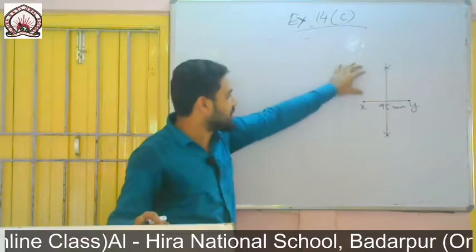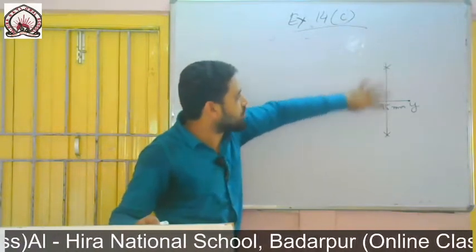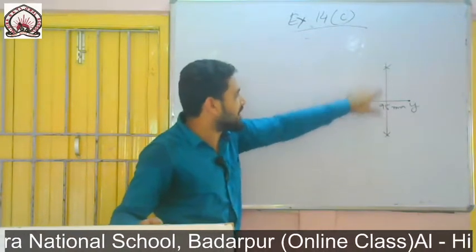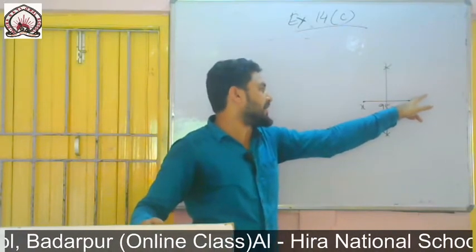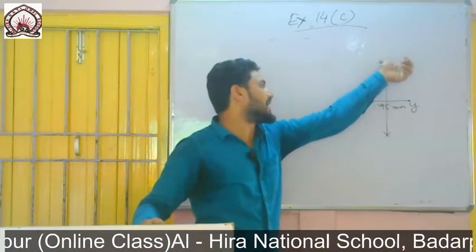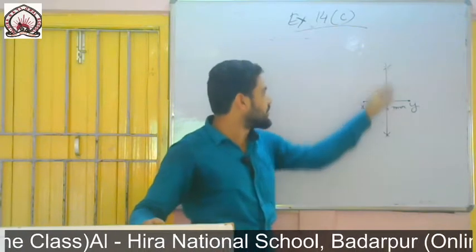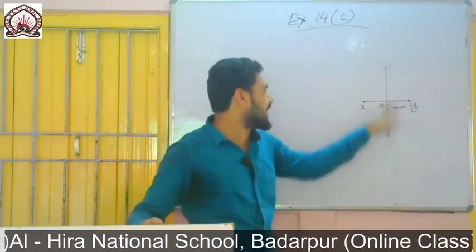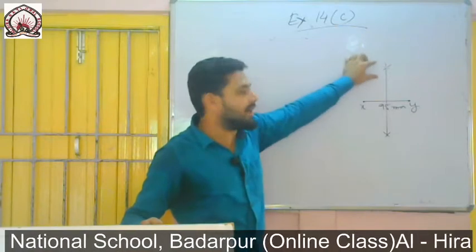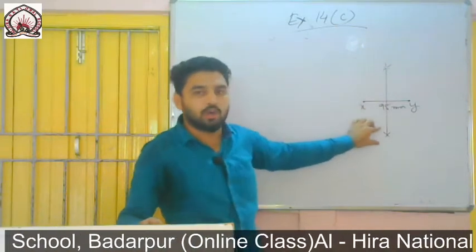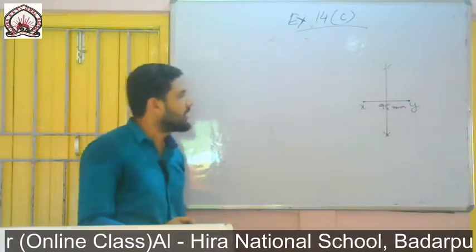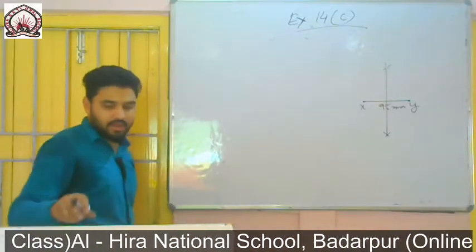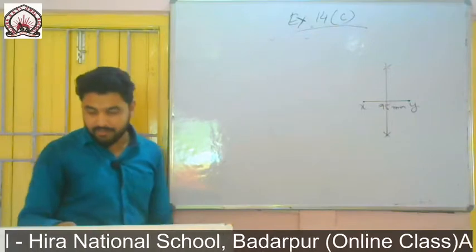You first place your compass needle here, draw two arcs, one in the upper portion, one in the lower portion. Again, taking Y as center, you draw another arc here, another here. So the two arcs will intersect each other, one in the upper portion and another in the lower portion. Now we join, then we get the perpendicular bisector.